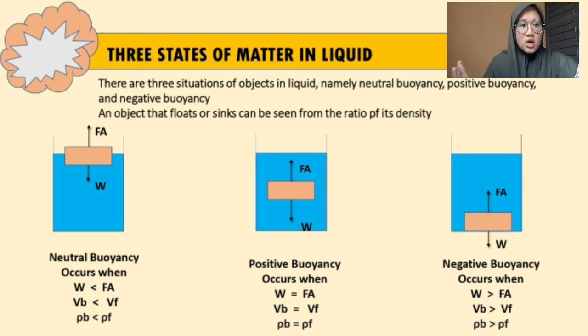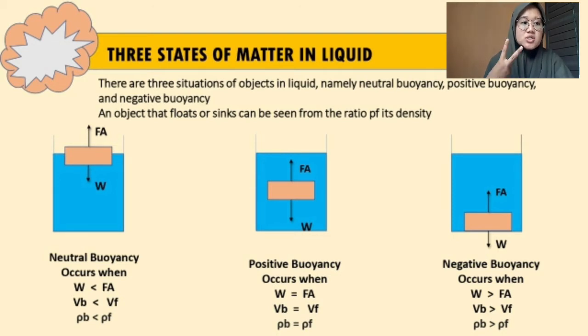Neutral buoyancy occurs when, first, weight is less than buoyancy force, 2. object volume is less than fluid volume, and 3. object density is less than fluid density. And 2 is positive buoyancy.